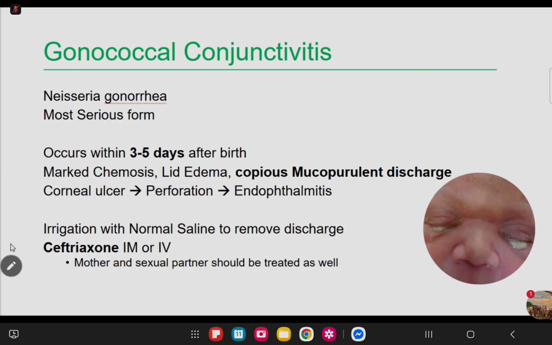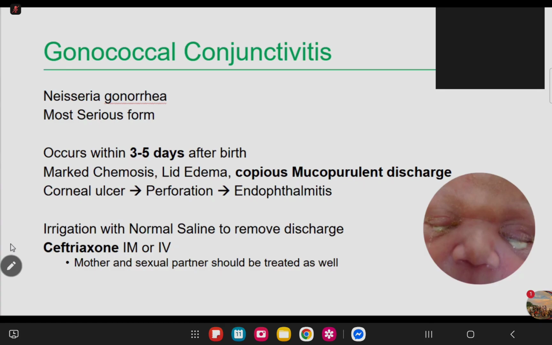So we have to lessen the contact time of the discharge with your cornea. We have to irrigate with normal saline to remove the discharge as frequently as every 30 to 60 minutes, since it's really fast in producing pus, or producing the discharge.